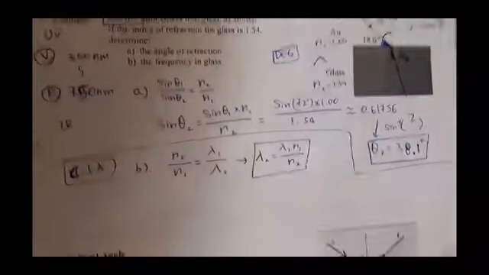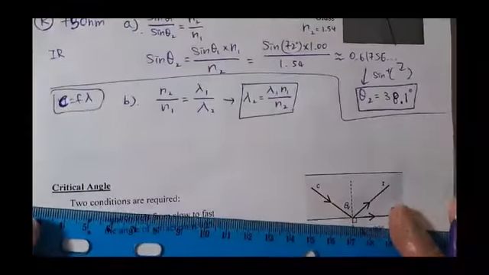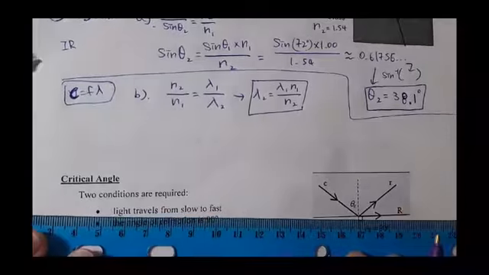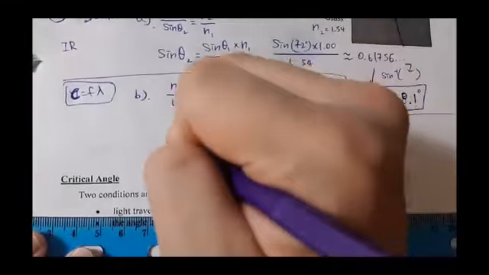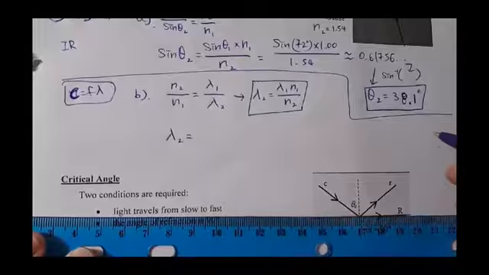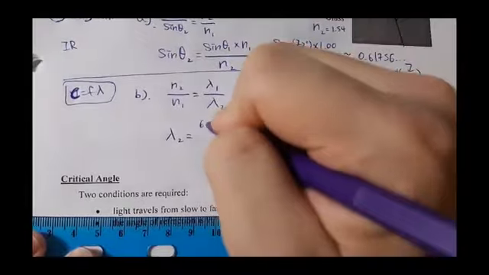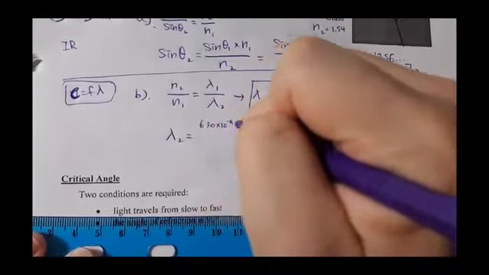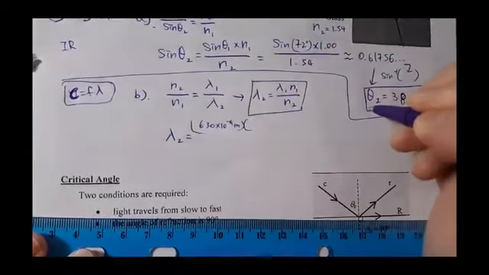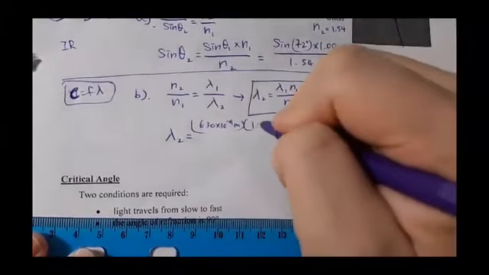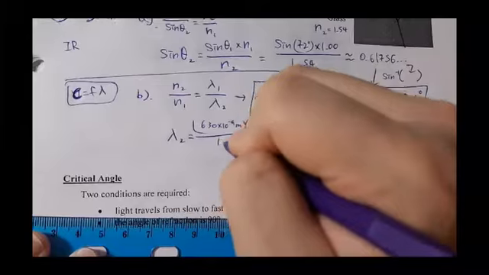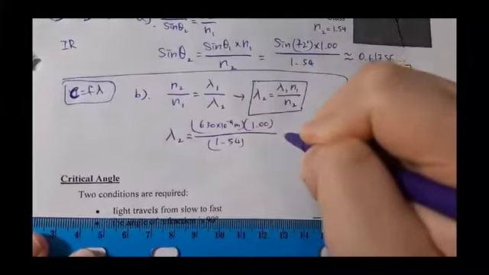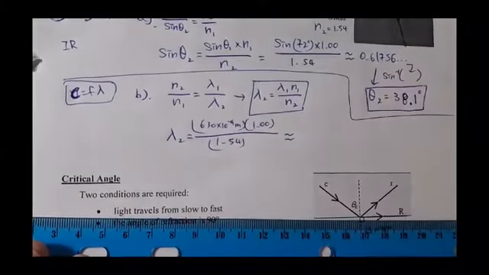And now we are simply putting every value in here. Lambda 1 is 630 times 10 to the power of negative 9 meters, n1 is 1.00, and n2 is 1.54. It's kind of a pain to move everything around, so I'm just going to punch the numbers in, folks.